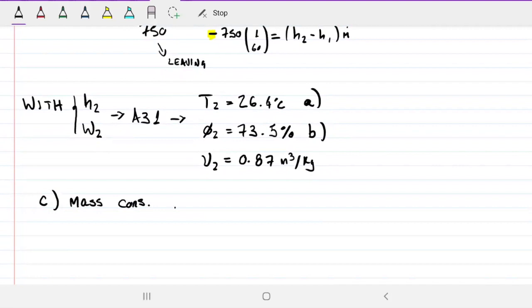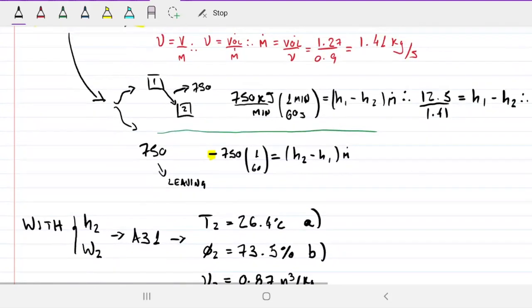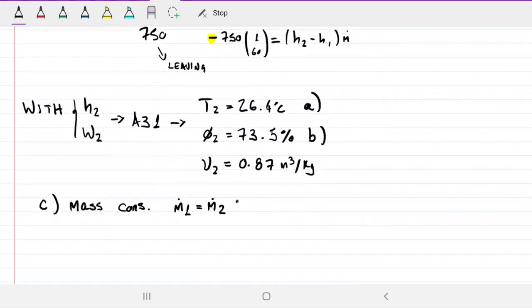Because we know the mass flow rate 1 has to be equal to mass flow rate 2, because we don't have any mass entering or leaving other than from the entrance and the exit. So using the same relationship that we did before in red over there, we can transform this. It's the same thing as volume flow rate 1 over specific volume 1 equals volume flow rate 2 over specific volume 2.